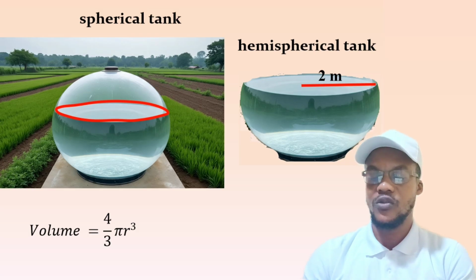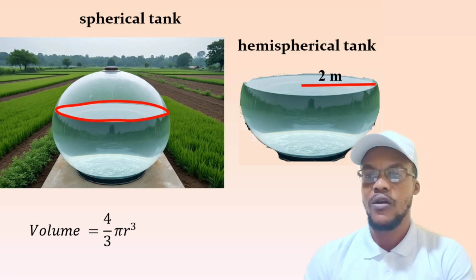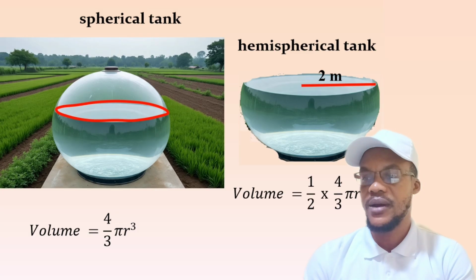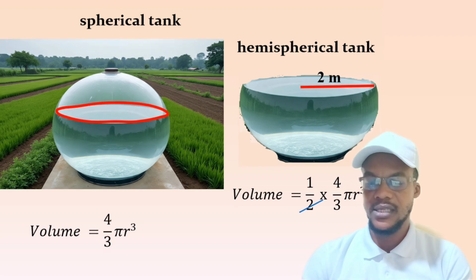If that is the case, then to get the volume of the hemisphere we multiply one half by the volume of a sphere.